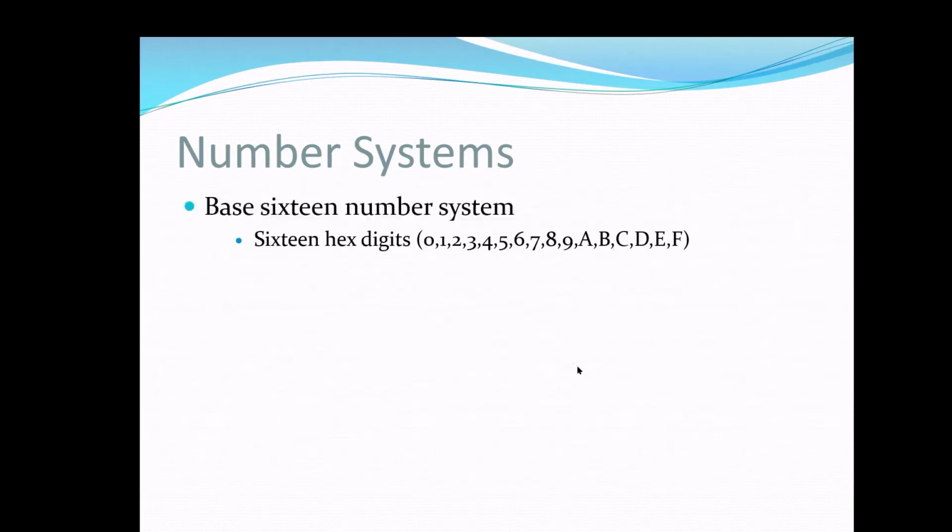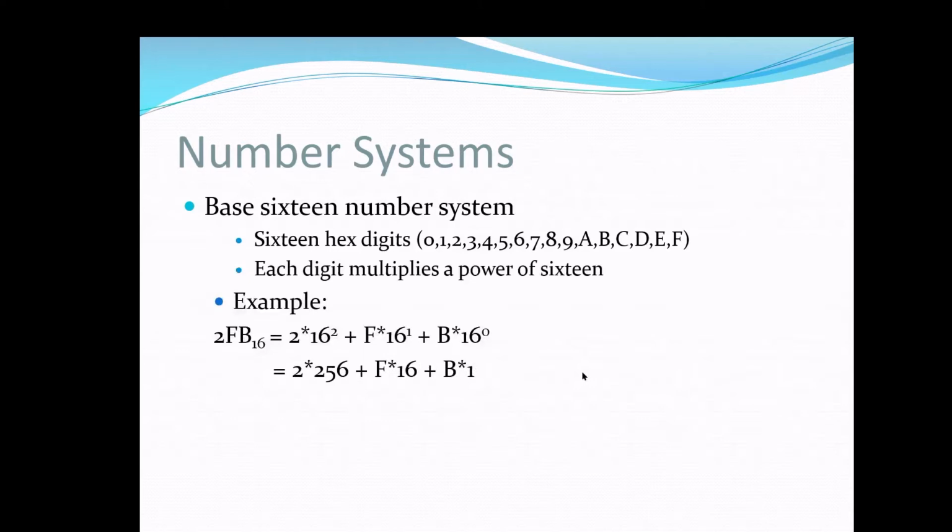Okay, here's base 16. So in base 16, we ran out of symbols. At 9, we ran out of symbols, so the symbols chosen were A, B, C, D, E, and F. It works the same as before. This is a weighting of 16 to the 0, 16 to the 1, and 16 to the 2.